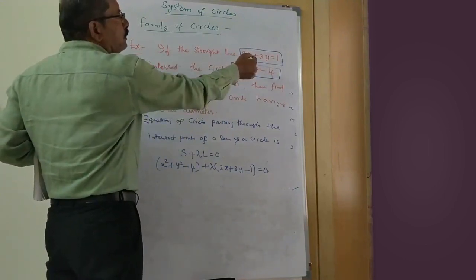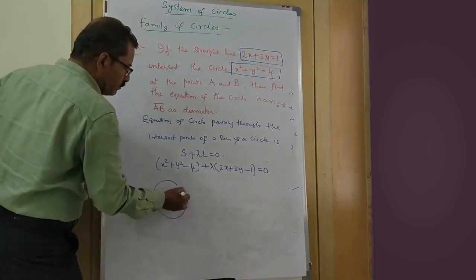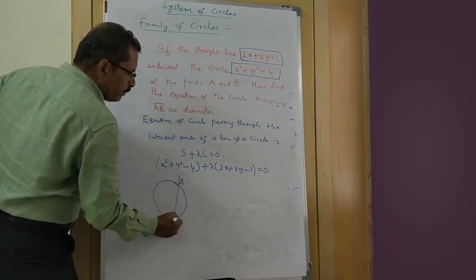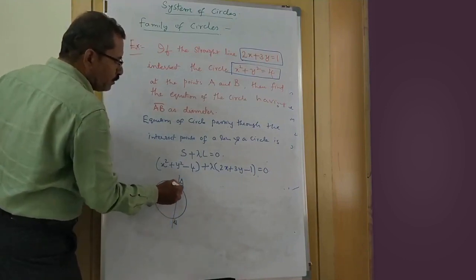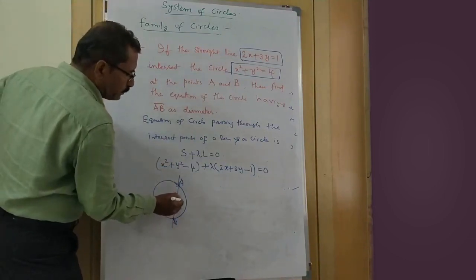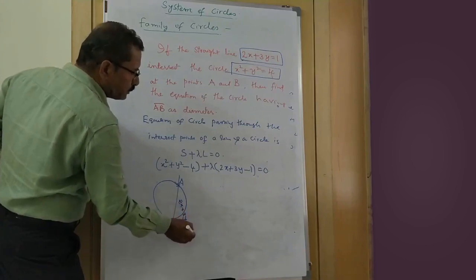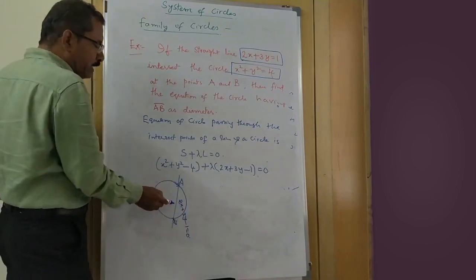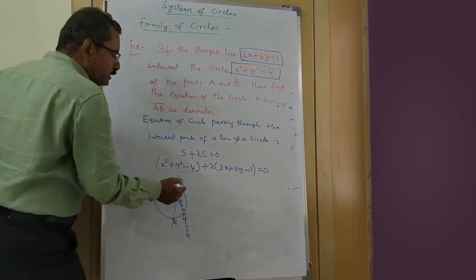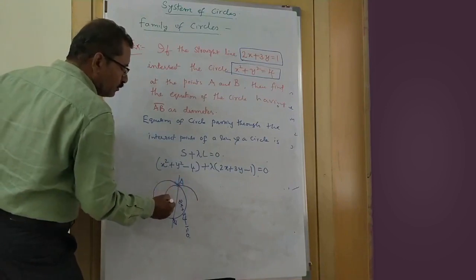The straight line is 2x plus 3y minus 1 is equal to 0. On this line, you have the center of the required circle.